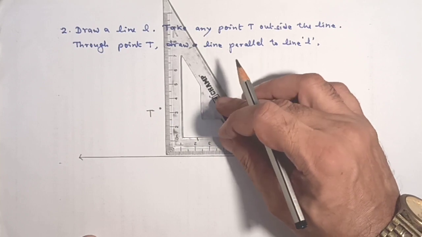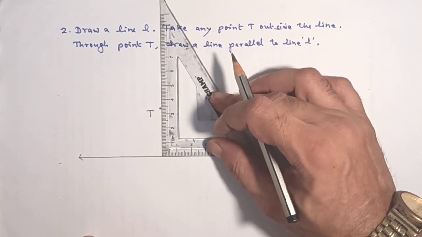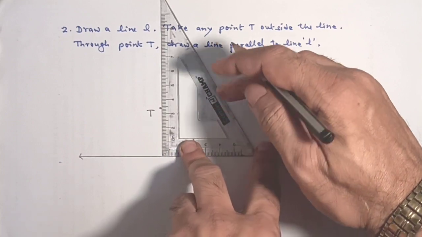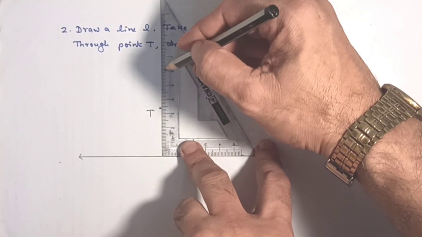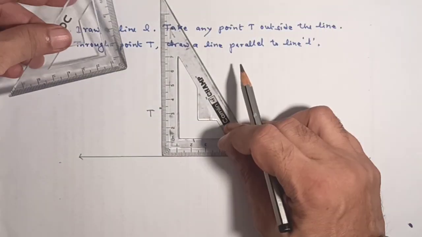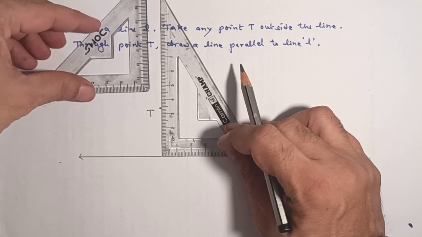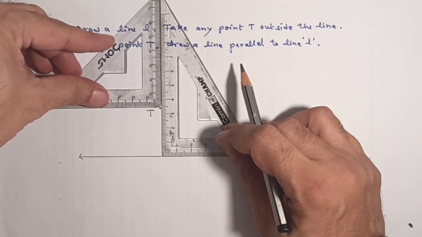Place this set square number 1 in such a way that this edge of set square number 1 is perpendicular to the line L and passing through point T. Then hold other set square number 2 touching each other.